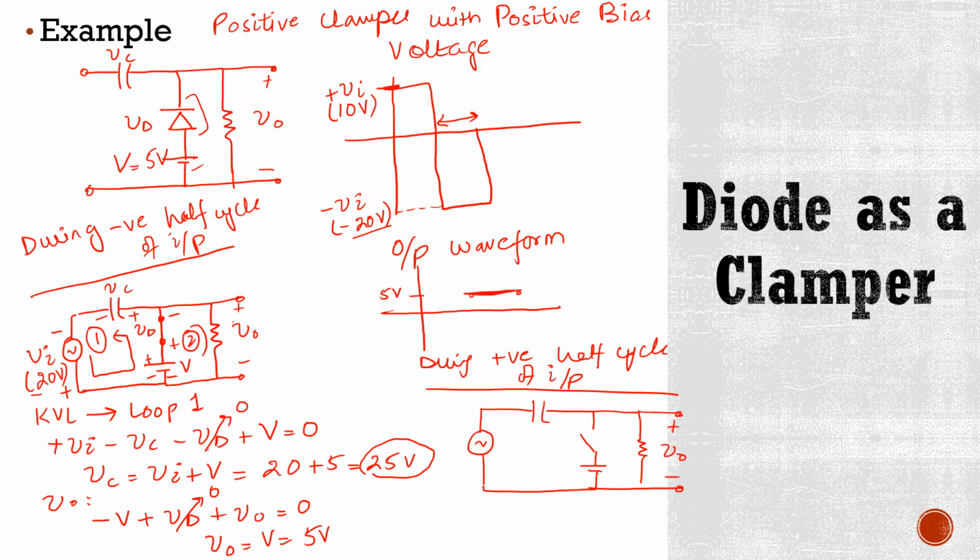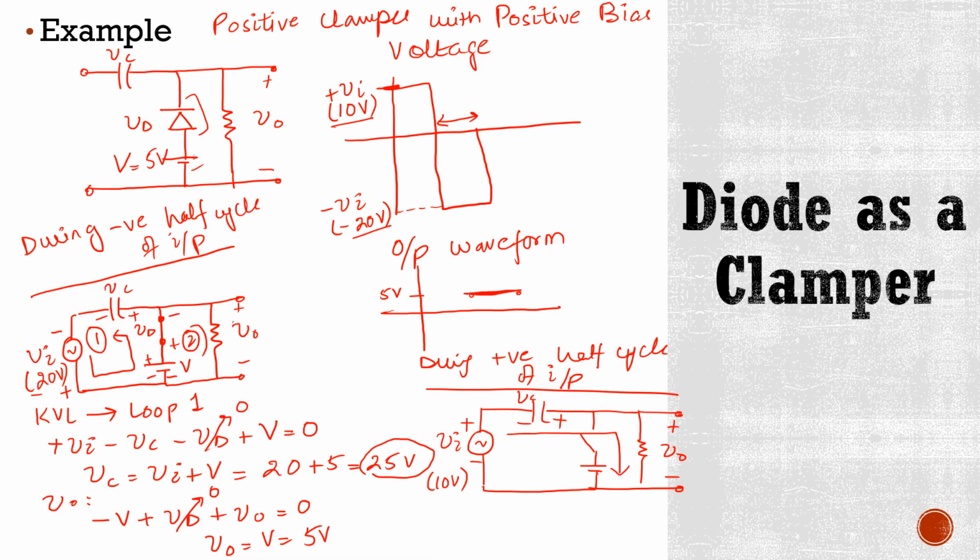We know that this terminal of VC is positive, this is negative. And now here this terminal is positive, this is negative, and we know that the positive amplitude is 10 volts, so it is 10 volts. Okay, now the current will not flow through this diode because now it is not conducting and it is off. So this input current will directly flow towards this output.